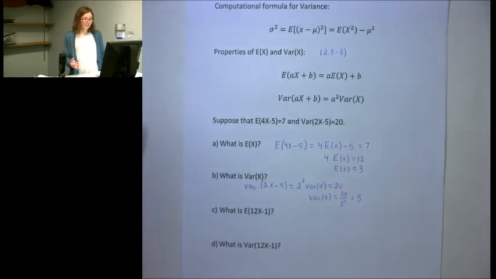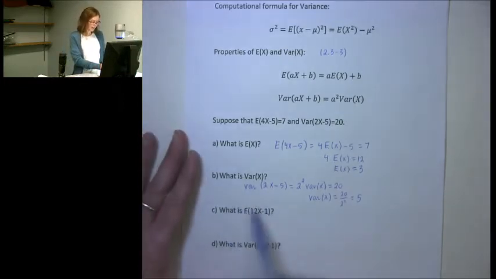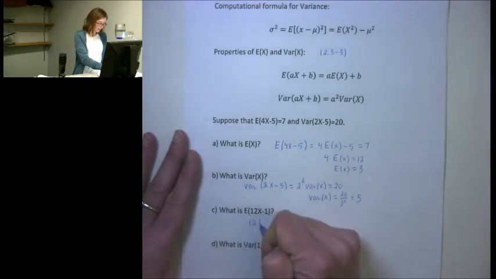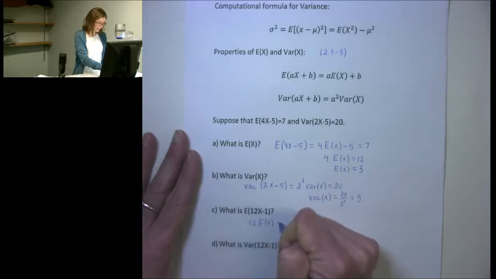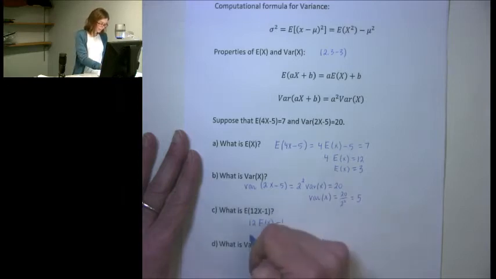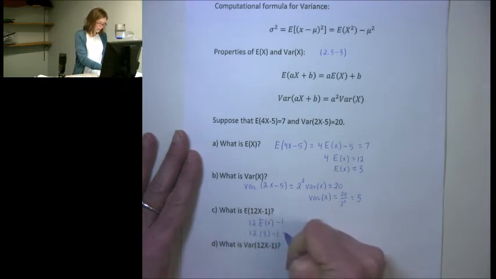Now that I have this information, I could use it again to find the expected value of 12x minus 1. This is going to be 12 times the expected value of x minus 1. My expected value of x is 3, so this is 12 times 3 minus 1, which gives me 36 minus 1, which is 35.